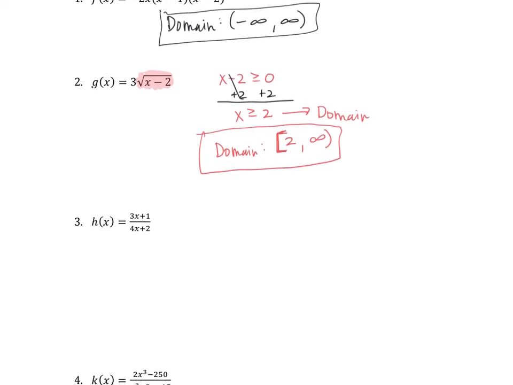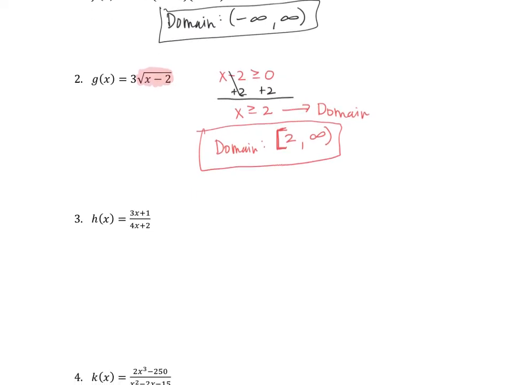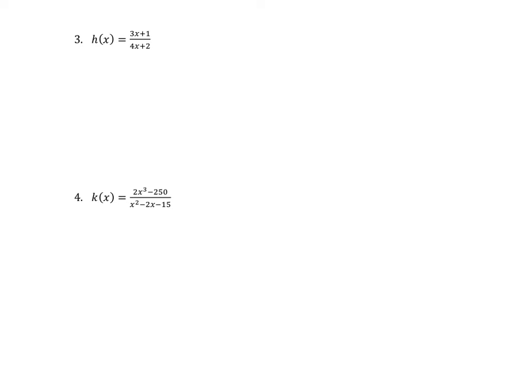All right, number 3, I want to find my domain. Let me just scroll up. For 3 and 4, you can see that both of these have fractions. So our restrictions here are, remember, the denominator, or the bottom, cannot be 0. So I'm going to take the bottom, set it equal to 0 and solve. That's what I have to exclude from my domain. I will get 4x equals negative 2, divide by 4, so x is, if I reduce that, negative 1/2.